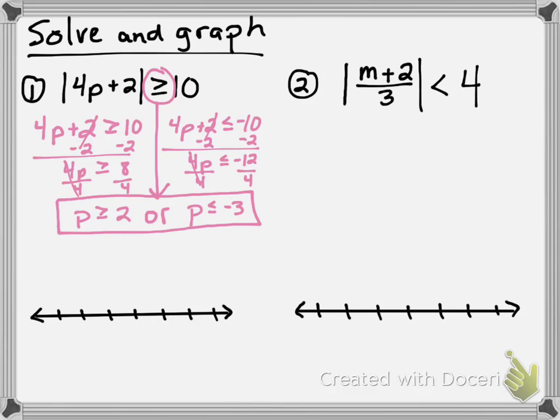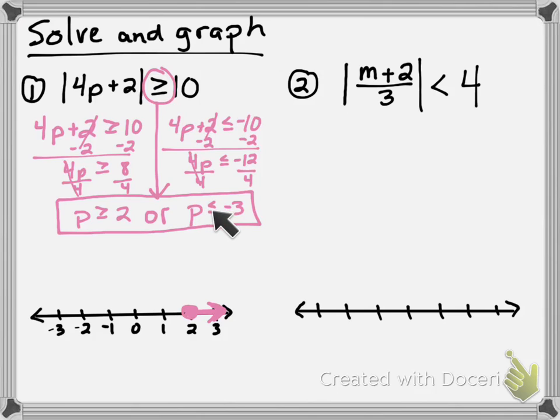So now I can graph that. Okay, I'm going to start with this one. P is greater than or equal to 2, so I circle my 2. Since it can be equal to, I close it. And greater than 2 is to the right. Then I plot the second inequality.